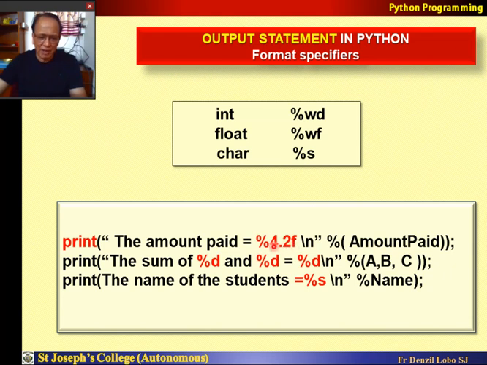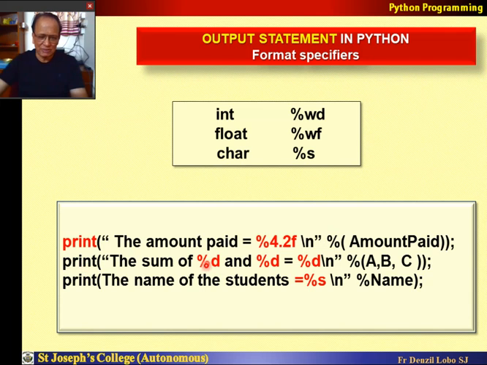It's a floating number. 0.2 means 2 decimals. Altogether 4 digits long. So please remember you have to say percentage 4.2 f, close the quote here, and then you say percentage, and within brackets you can say amount paid. There is no comma as it is in C. So this is the output statement.